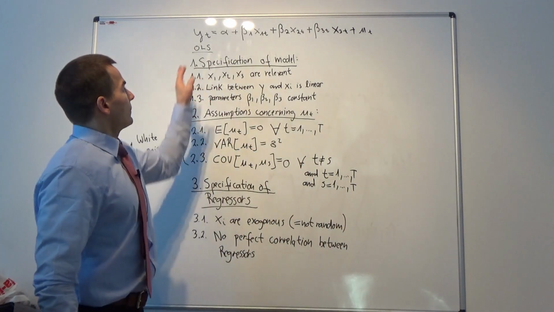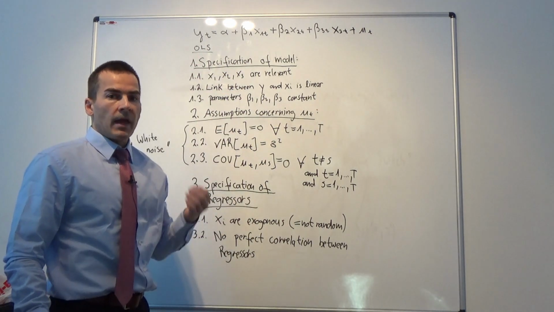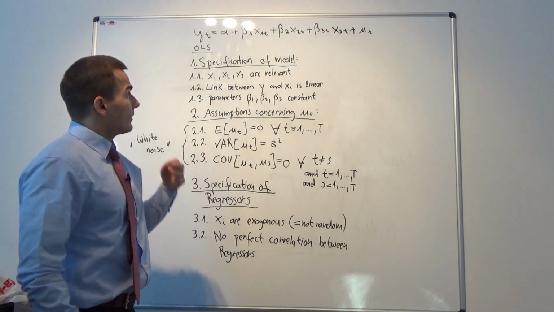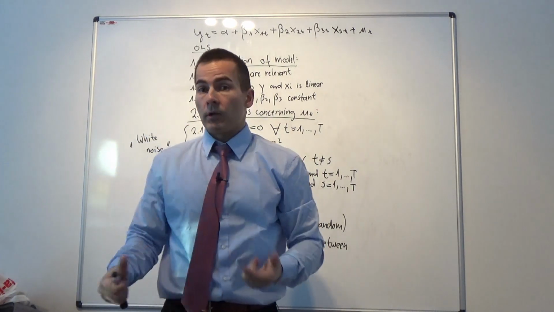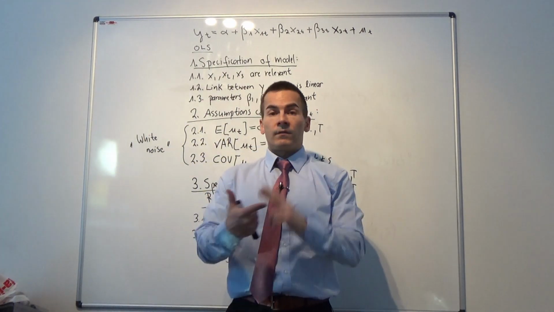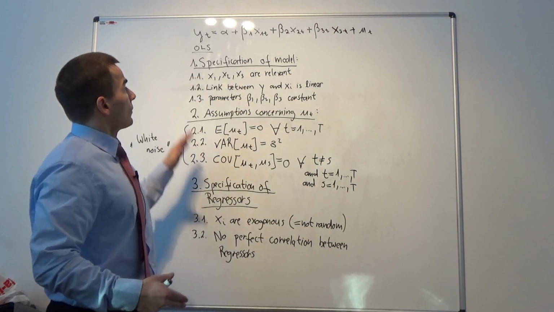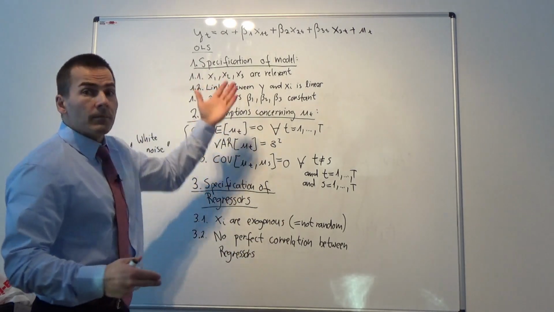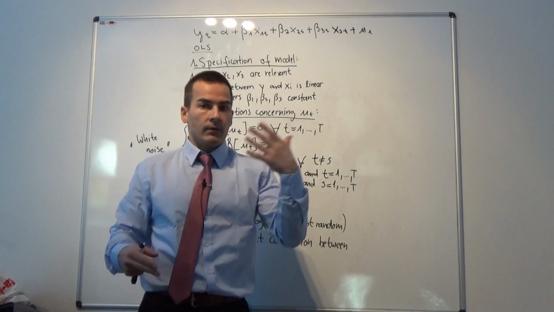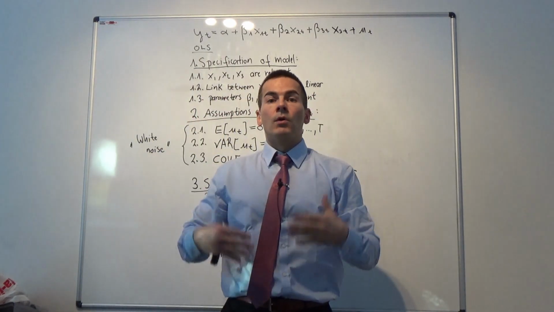We would like to discuss the assumptions for ordinary least squares estimation, an estimation technique used for panel regressions, cross-sectional regressions, or time series regressions. Obviously we have certain assumptions, and I would recommend you write this down, because in my course you have to make your notes.